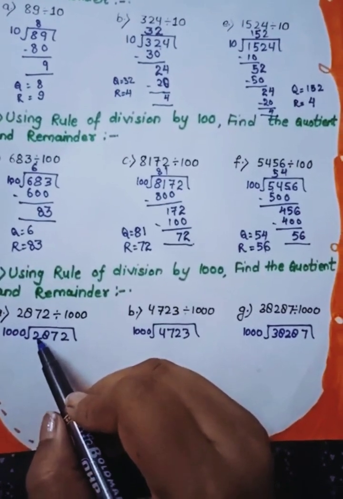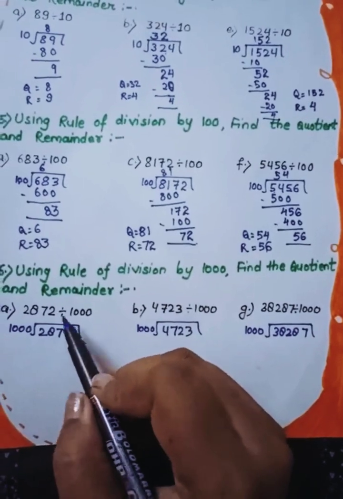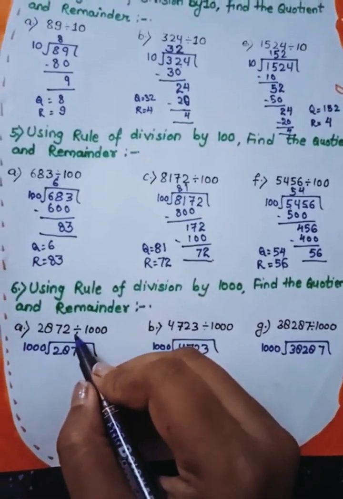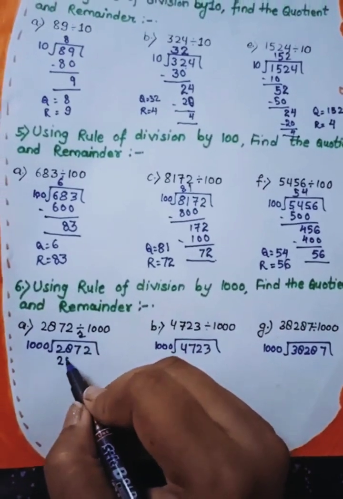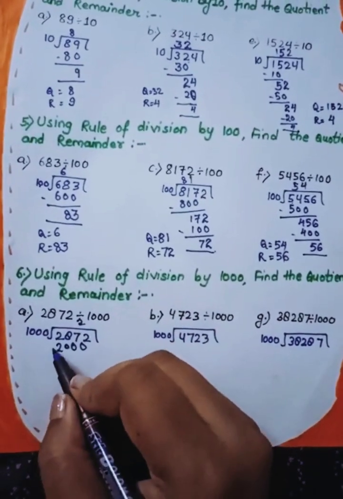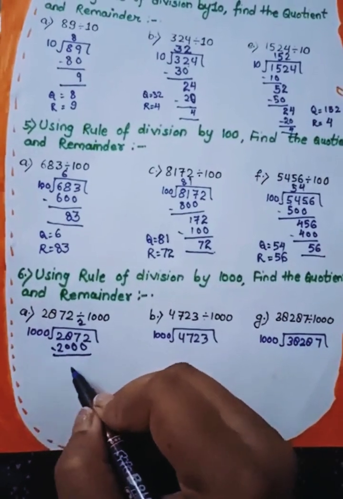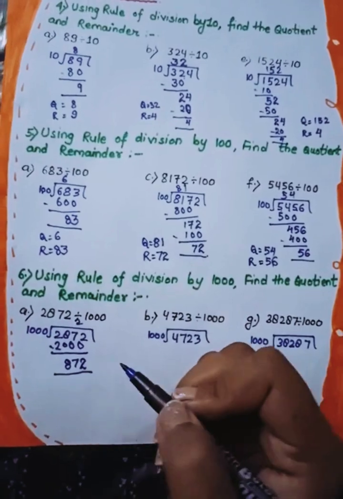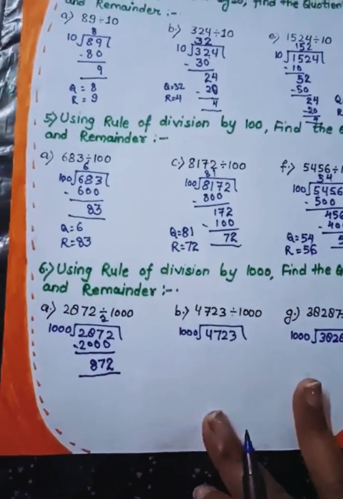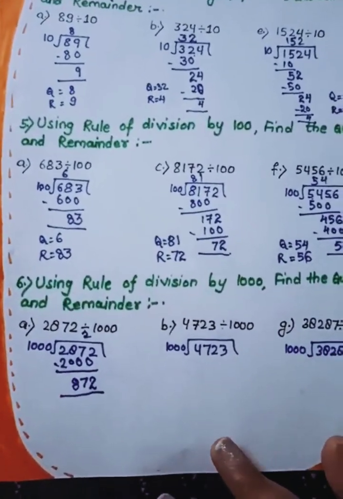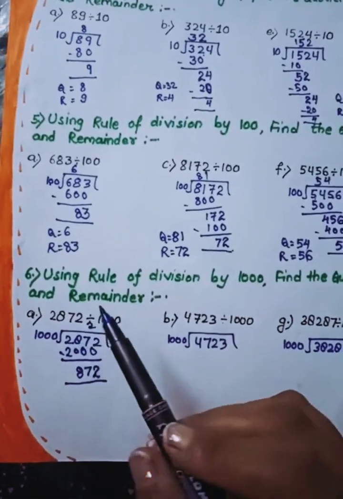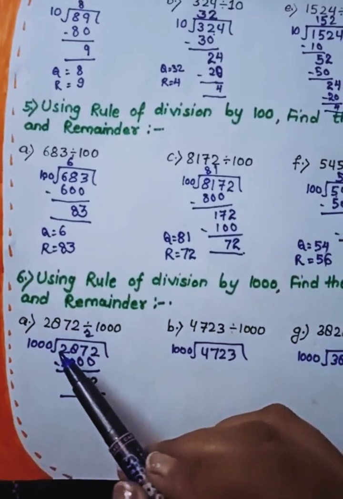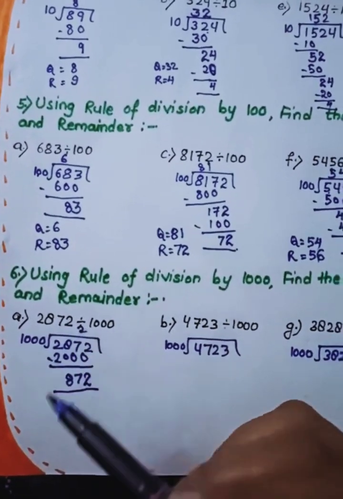So like 2872 we will divide by 1000, which means, see, 1000 2s are 2000. Okay, now we'll just subtract it and 872 is left in the remainder part, and this is what even our rule of division explained, that while dividing by 1000, only the thousands place digit will be left in the quotient part.